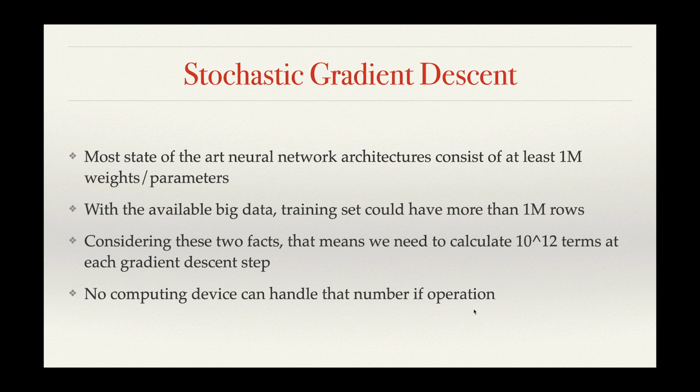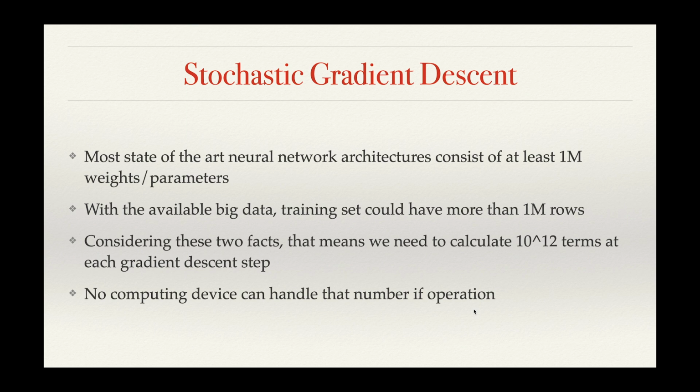There are a lot of gradient descent steps, because if you look at backpropagation, the first step is feed forward, where we need to feed the network with all our training data, which means 1 million samples.